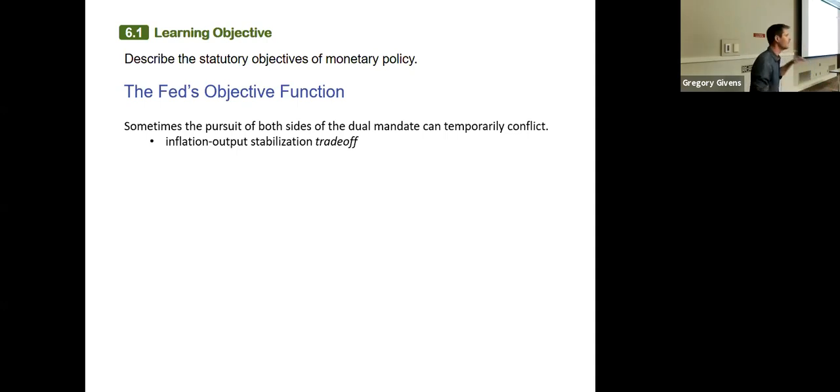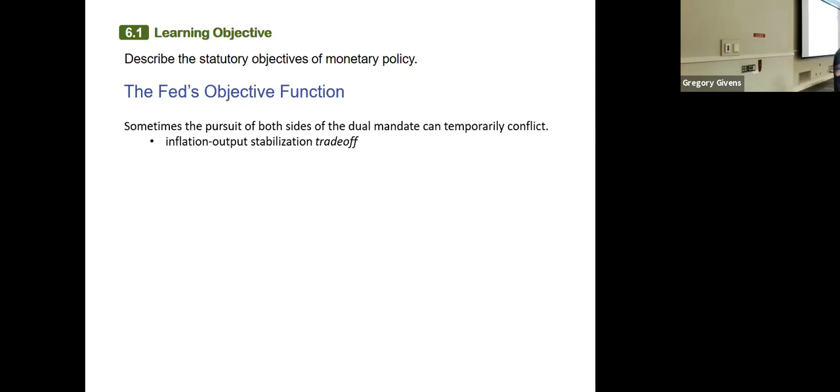So, a lot of times, the Fed finds that both sides of its dual mandate are compatible with one another. This is an important thing to understand, that in a lot of situations, trying to achieve price stability will result in the same policy that the Fed wants to promote to try to get full employment as well, okay? So in other words, there's no kind of conflict between those two goals.